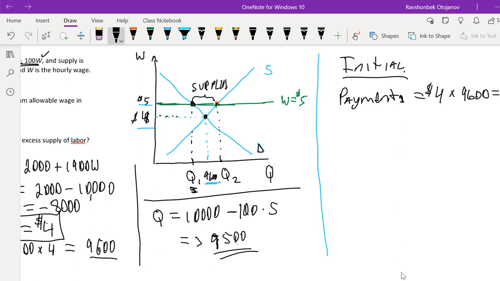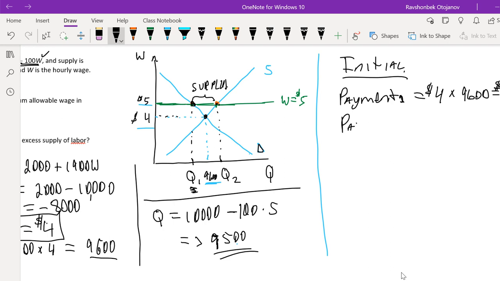So that is $38,400. That's the total payment at the initial equilibrium level. With the initial equilibrium level, we had $4 and that many people were employed.